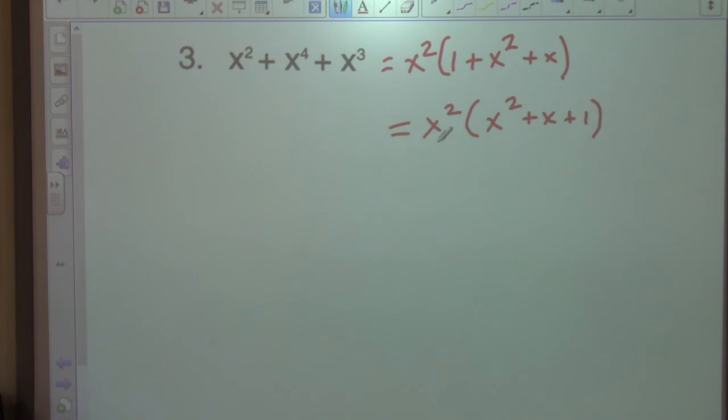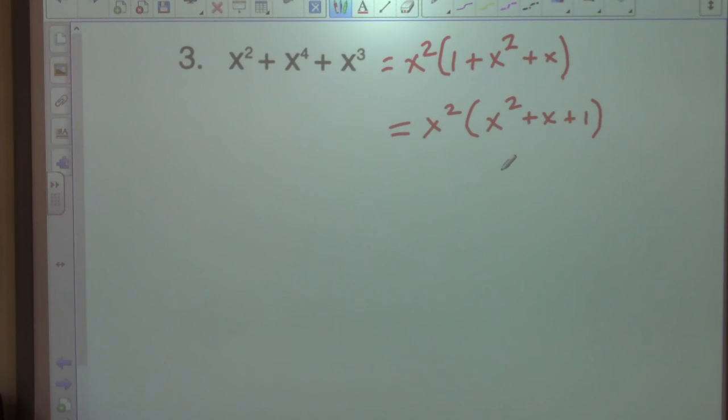Now, there is one other thing you could possibly look for to do. It's possible that this could be factorable also, because this is a quadratic expression. But as it turns out, x squared plus x plus 1 is not factorable. Anybody know why?